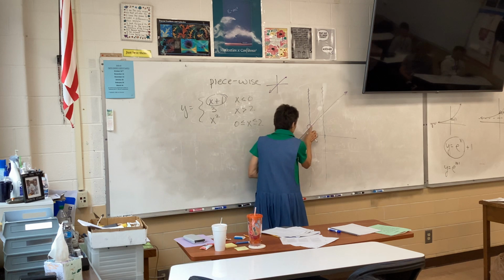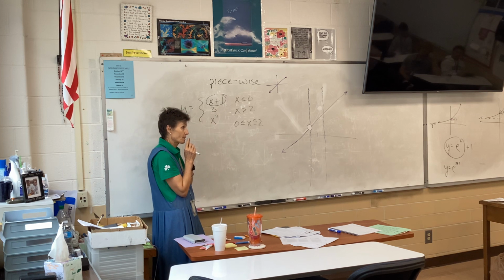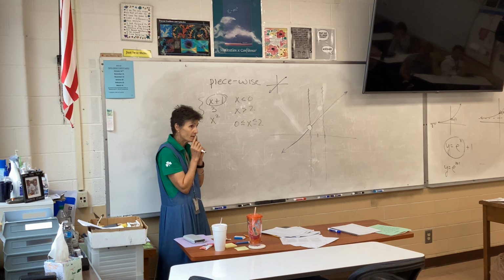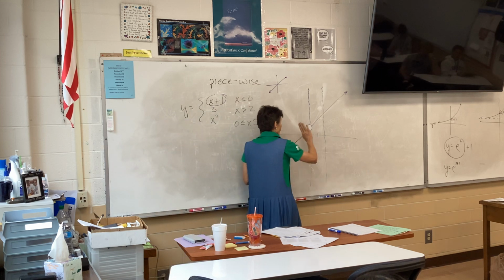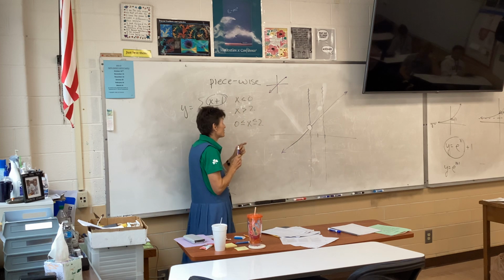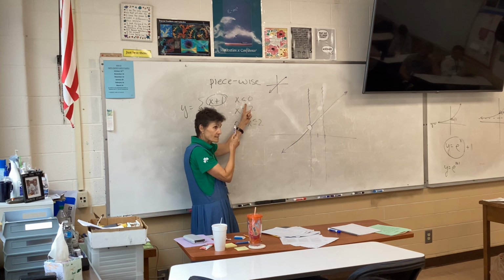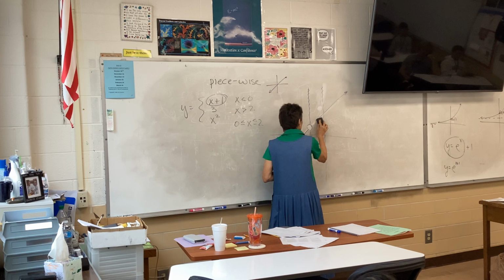So I'm going to erase everything that's in there so it's nice and open. And now I have to decide if I'm going to shade to the left of the squiggle or the right of the squiggle. And how do I make my decision? I look at that sign. What does that tell me? Left. So I keep left and I erase right.